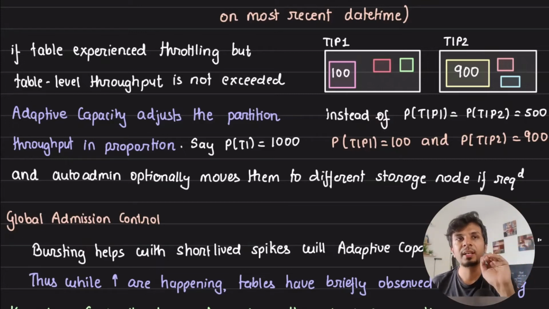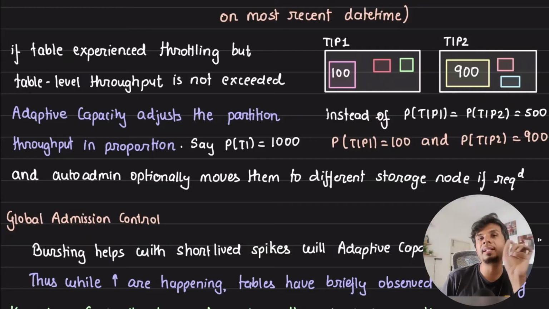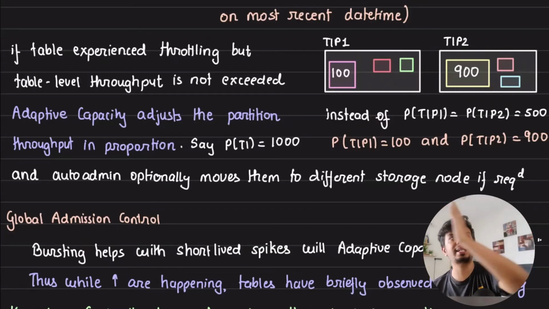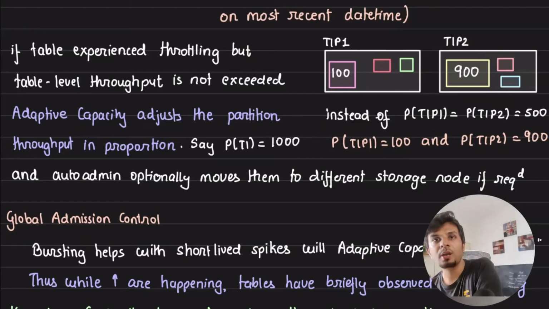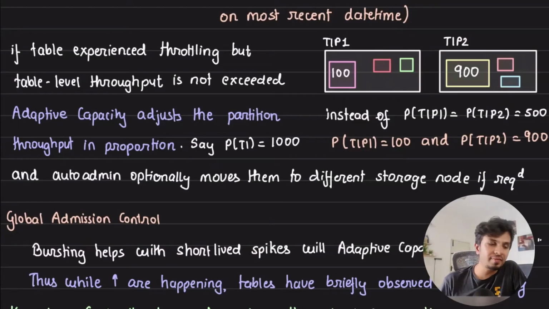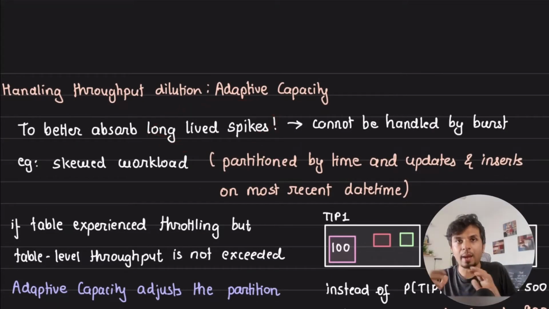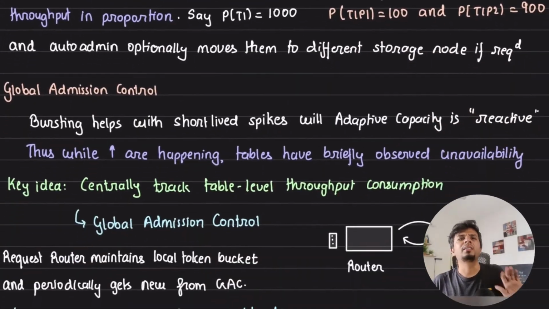But what you are doing is allocating the provisioned capacity across the partitions of a table depending on the amount of requests it is getting over a long-lived period. It analyzes those metrics and assigns the provisioned capacity for each partition that you have. This way, you can handle long-lived spikes with adaptive capacity. Very nice implementation. I just loved it.